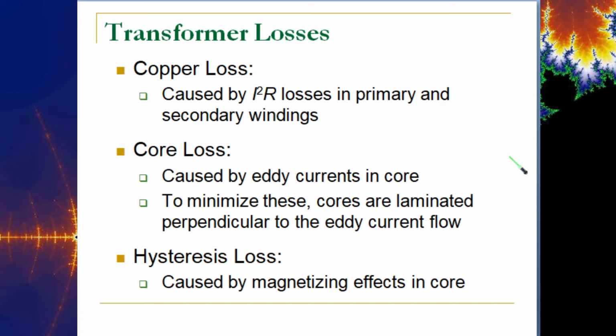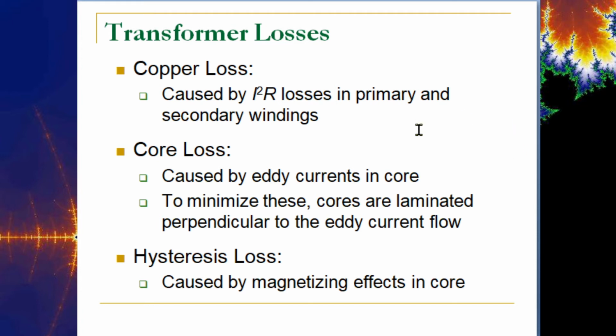Just by the nature of it being a physical conductor passing current, there's an inherent loss. It's very, very small, which is why a lot of times it's negligible, but it's still a loss. So you're not getting 100% from the primary to the secondary.